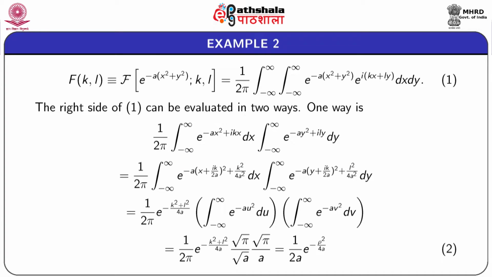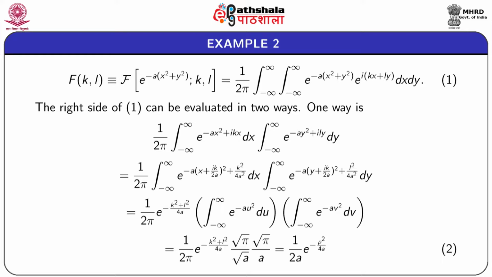Next, some adjustment is made so that the power of e is minus a (x plus i k by 2a) whole square plus k square by 4a square, and also in the y integral the power of e is minus a (y plus i l by 2a) whole square plus l square by 4a square, dy.